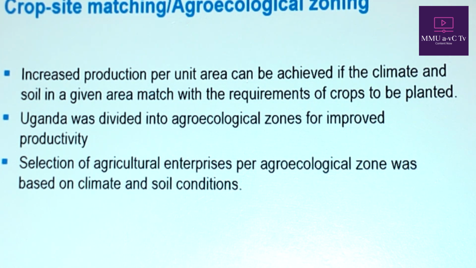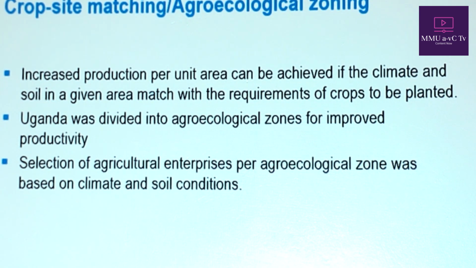And for Uganda, we have several agroecological zones. The selection of agricultural enterprises per agroecological zone was based on climate and soil conditions. But much more should be put into consideration when we are selecting these enterprises.